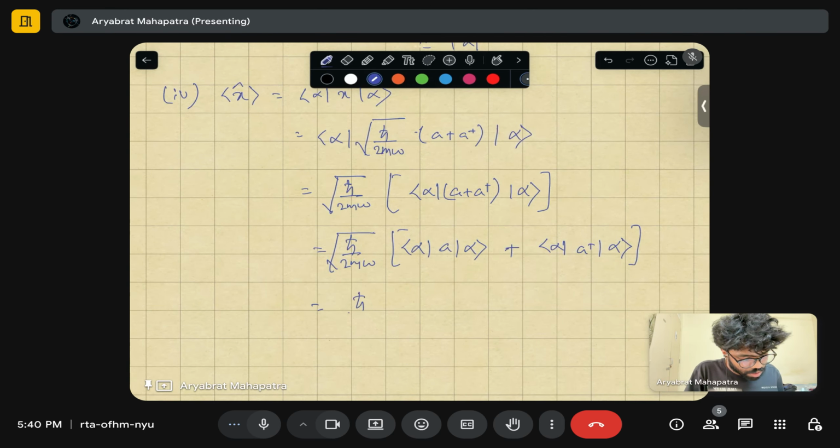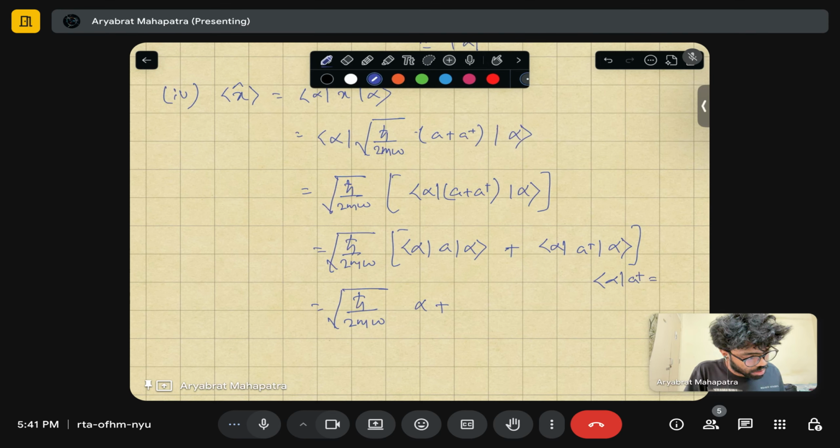This will give you h bar over 2m omega. And a of alpha is alpha alpha, and alpha is a normalized state. So you will have alpha, and from the second one you will have alpha star.